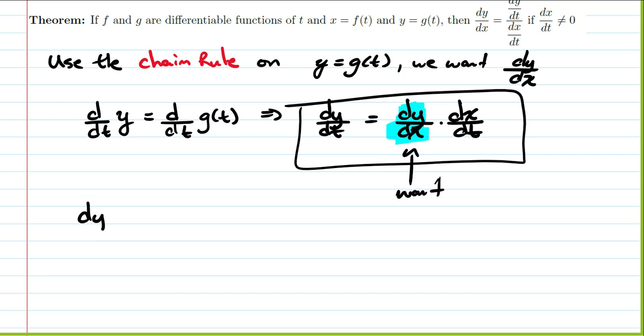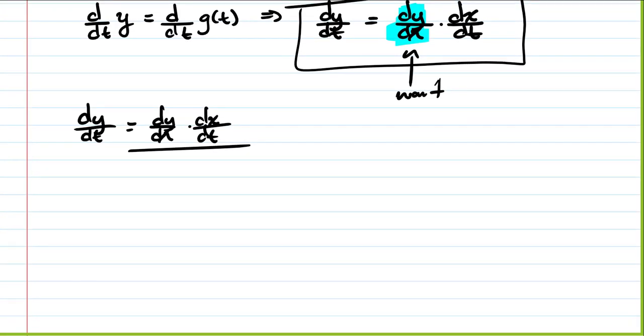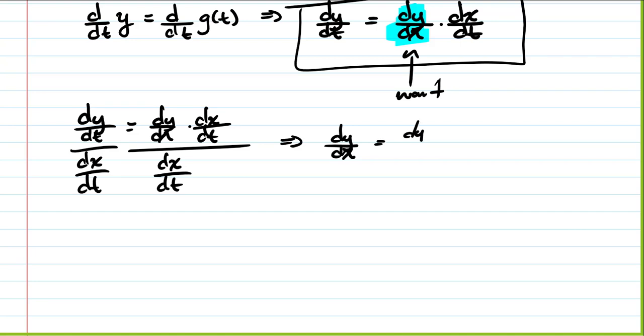The derivative that we are trying to find is actually this piece right here. So if I have dy/dt is equal to dy/dx times dx/dt, I can solve for dy/dx by dividing by dx/dt. Finally, putting all of that together, I get dy/dx is equal to dy/dt divided by dx/dt, or g prime of t divided by f prime of t.